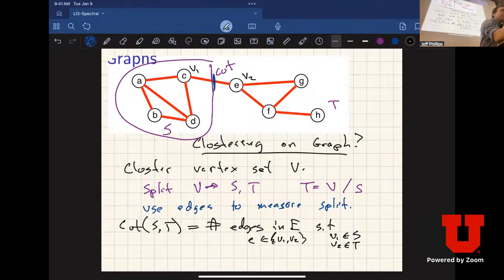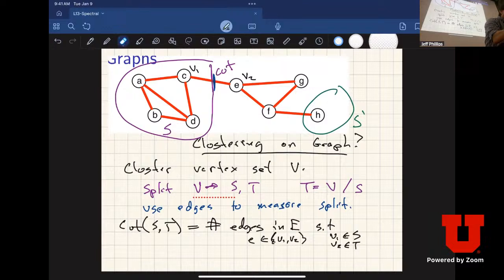What if instead I said this was my S prime? Then I can define T prime as everything else. Let me put my T over here. Now T prime is everything outside of S prime.